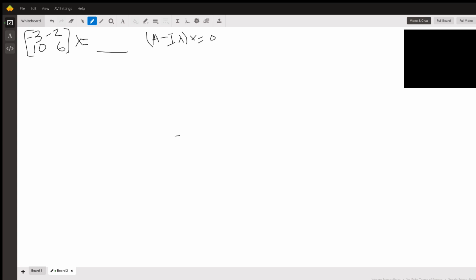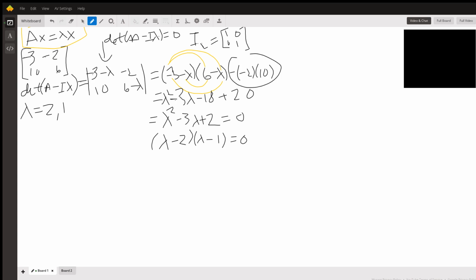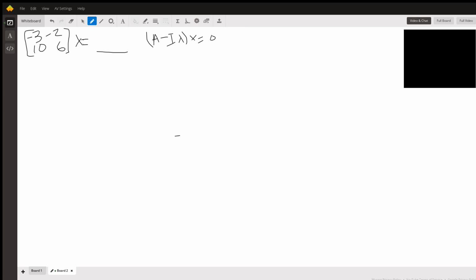Again, we want to find our eigenvectors now. So board 1 tells us our eigenvalues are 2 and 1. To find our eigenvectors, what we're going to do is substitute each of those in one at a time and then solve a system of equations. The system that we're solving is A minus I lambda times x equals 0. Our goal is to find x. We know A, we know the value of lambda.